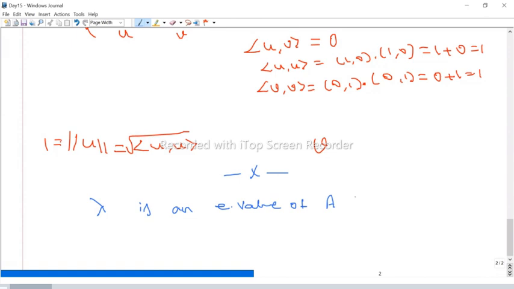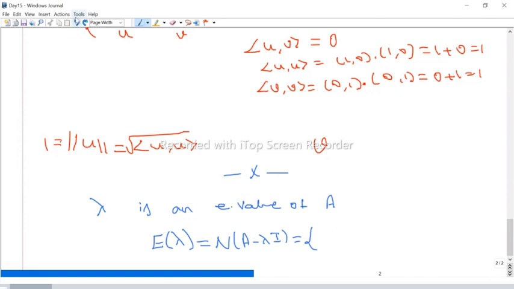Now we define the eigenspace. They usually call it E of lambda. E of lambda is nothing but the null space of A minus lambda I. What is the meaning of this? What is the definition of this? We are collecting x, small x.